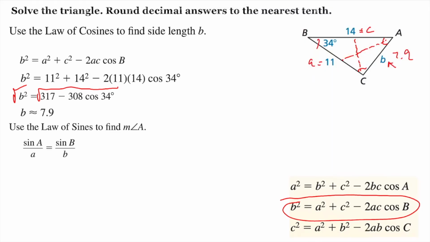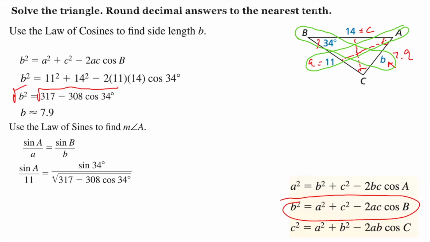So if you see, I want to find the measure of angle A. Since I already have B and the measure of angle B, I'm going to use that. Substituting the values, I get B is equal to, take a look, it's the exact same equation.